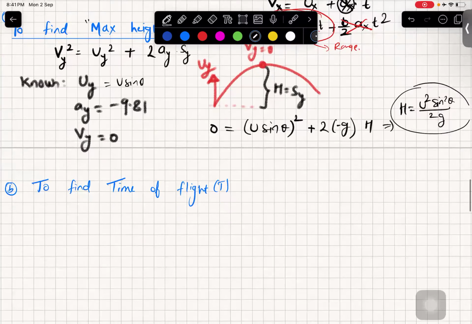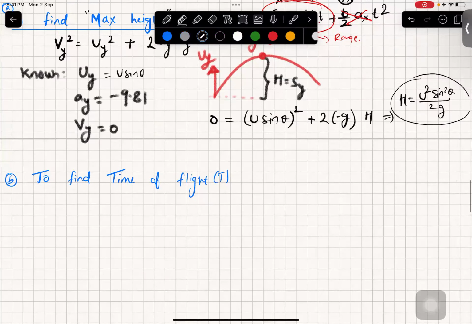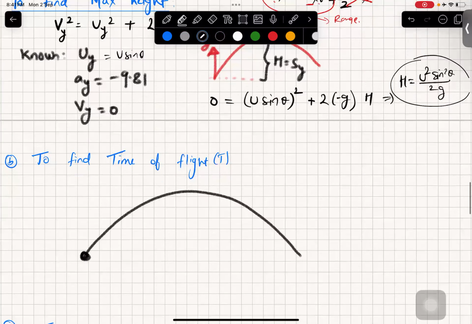Okay. So in order to find the time of flight, the trajectory goes like this. And again, the time of flight is calculated using vertical motion. So what are the knowns over here? Again, we knew the initial velocity, which I'm going to keep as u sine theta.